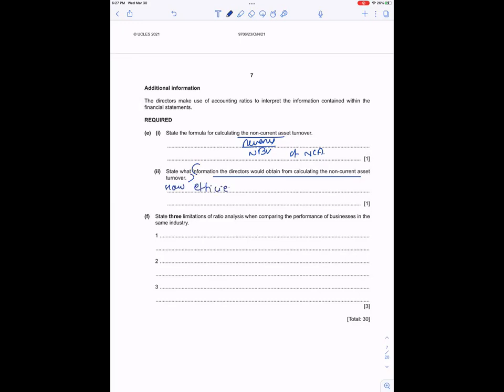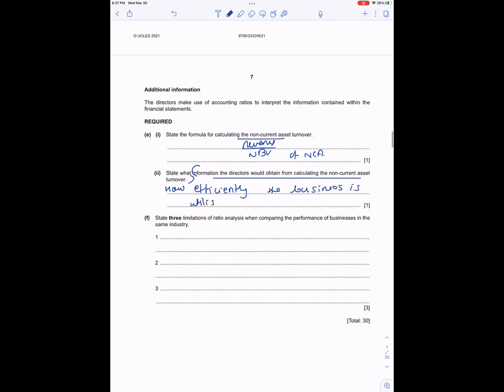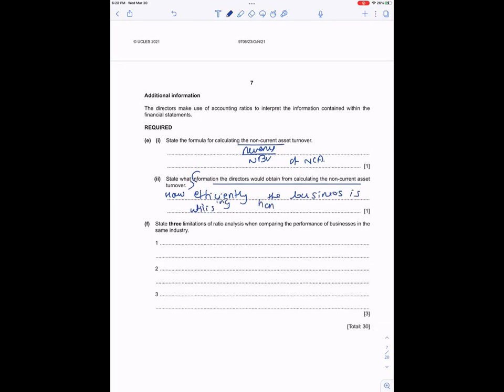How well the business is utilizing the non-current assets, so how efficiently the business is utilizing non-current assets to generate revenue. Can you say revenue obtained per unit of non-current asset? Yeah.